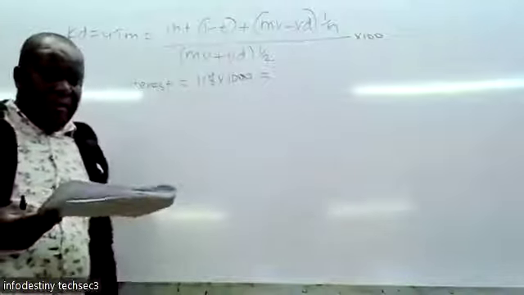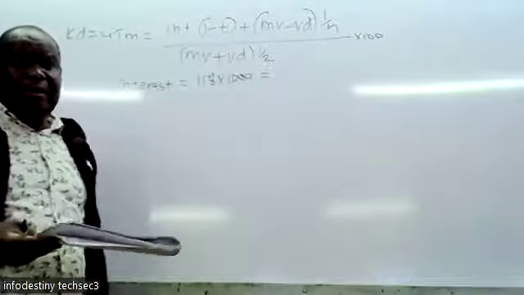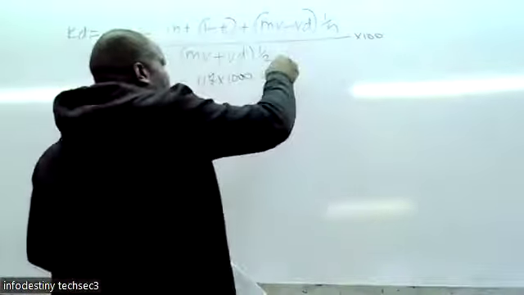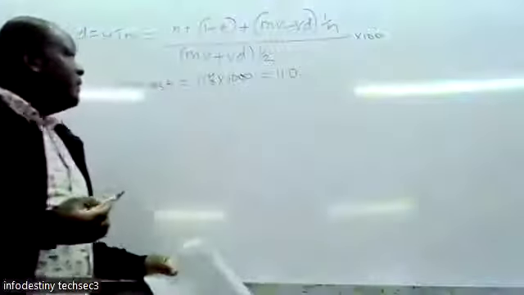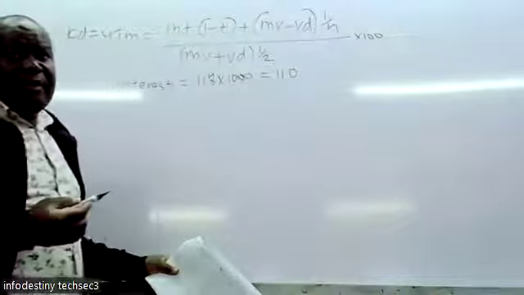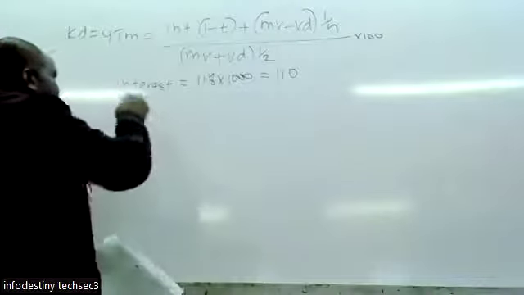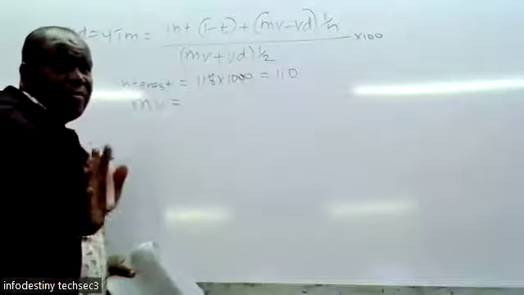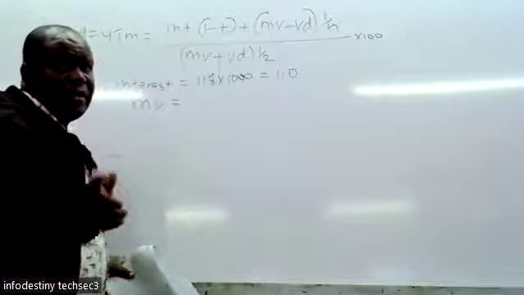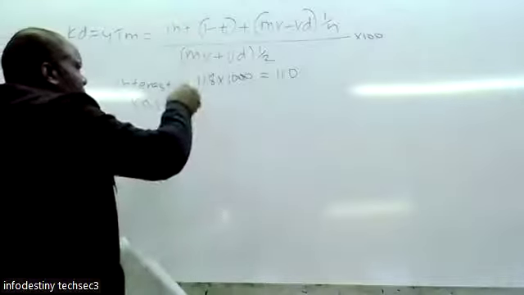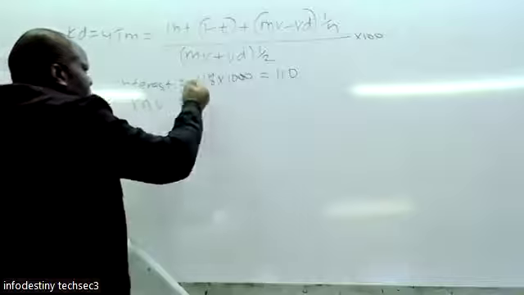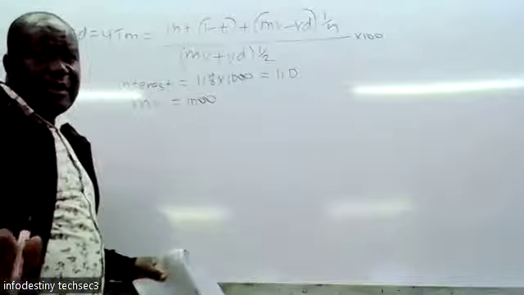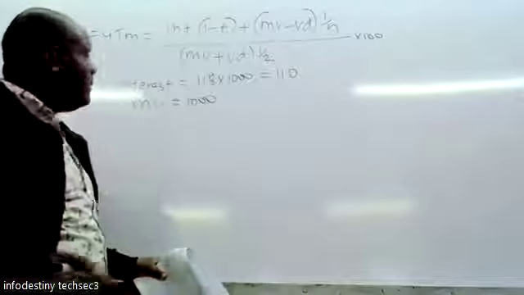Interest is calculated on the par value, so 11% of 1,000 is 110. Maturity value, unless otherwise stated, is the same as the par value, which is 1,000.